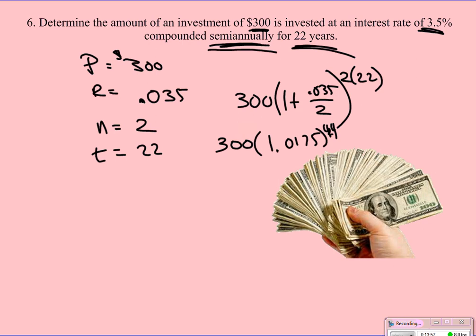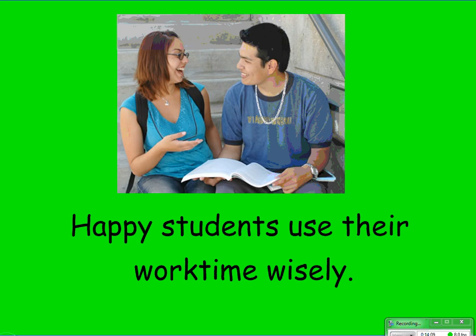So when I multiply all this together, and I'm letting the calculator do a lot of this legwork for me, that's going to be my dollar amount. That's going to be my finishing amount when I do that.